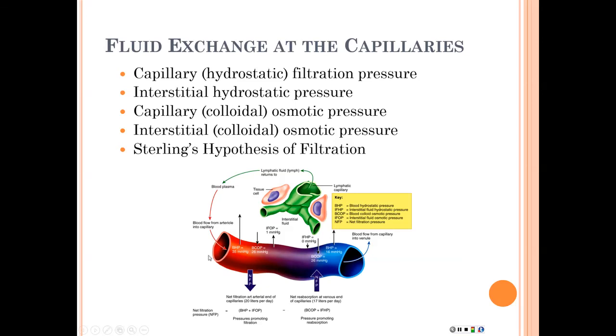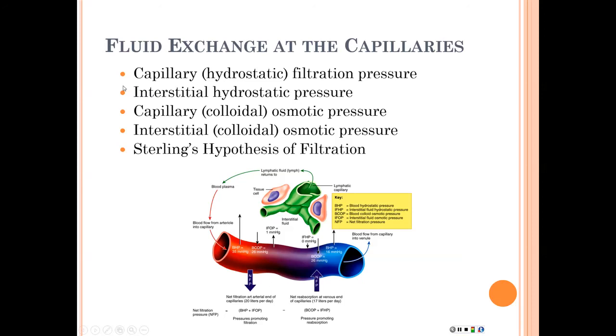It's 35 at the arterial end, and it's only 16 at the venous end. So as the blood moves through the capillary bed, the pressures drop. Throughout the course of the entire vessel, hydrostatic pressure changes from 35 to 16, but your blood colloid osmotic pressure, you see, is unchanged because those solutes should remain the same throughout the entire capillary bed.